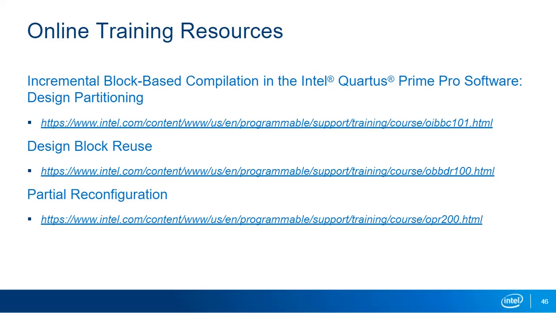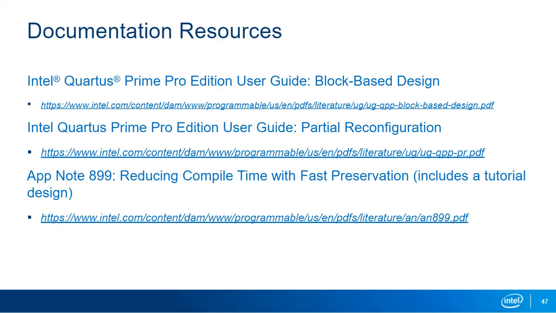To learn about the block-based design flows and features that are required for using fast preservation, register for free for the online trainings linked here. The Block-Based Design User Guide should be your first best source for information about all of the block-based design flows and tool features.